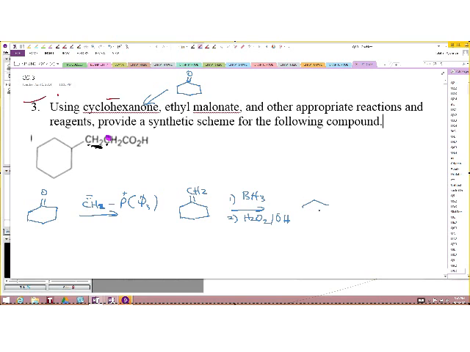And that gives us this. Now, what do you do with that now? You want to turn the alcohol into a bromide? Okay, very good. And then you know the reagent for that.